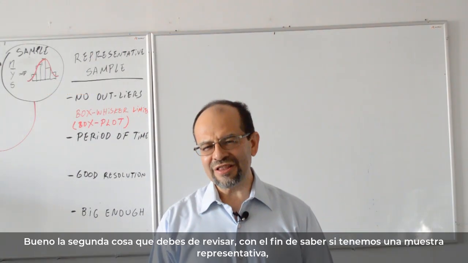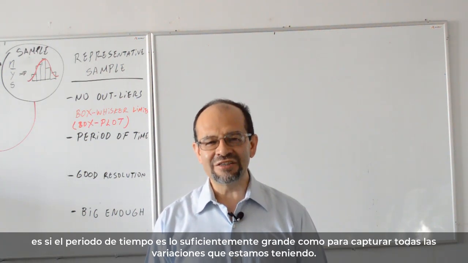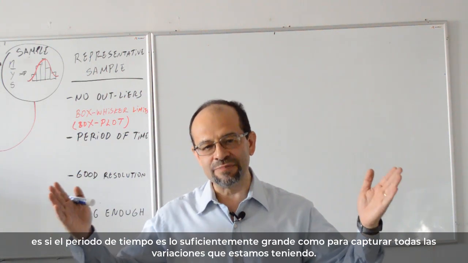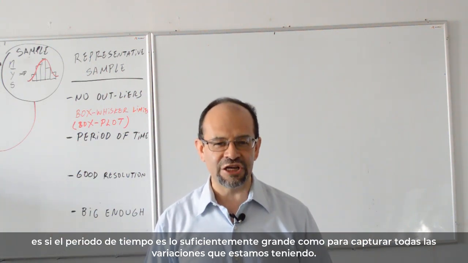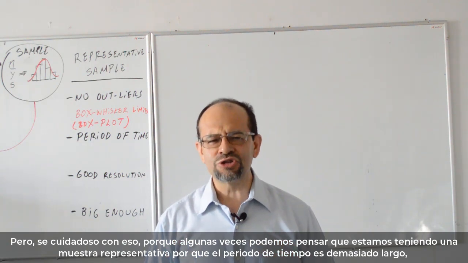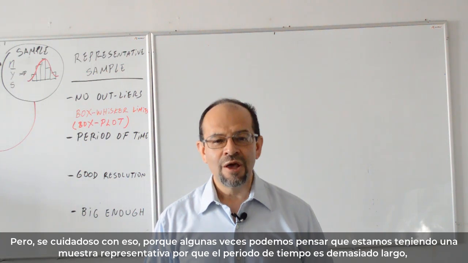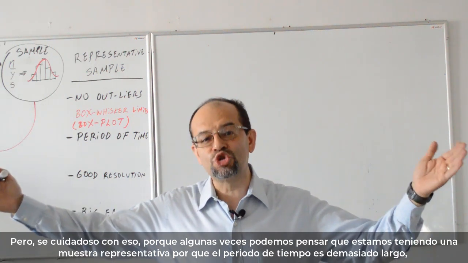Well, the second thing that we have to check, in order to know if we are having a representative sample, is if the period of time is big enough to capture all the variations that we are having. But be careful about that, because sometimes we may think that we are having a representative sample because the period of time is too long.